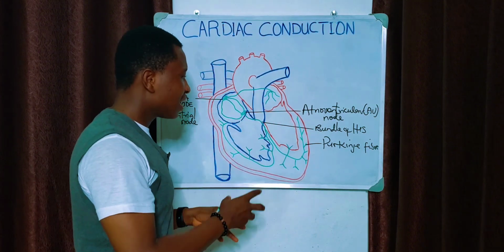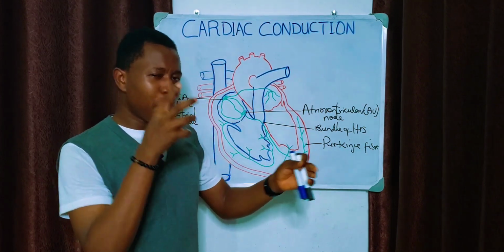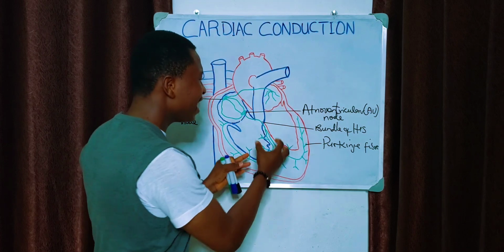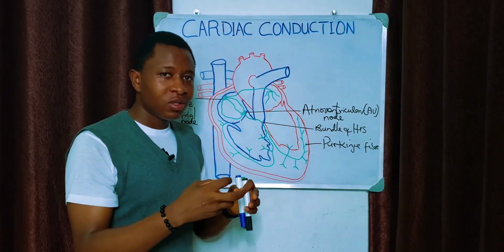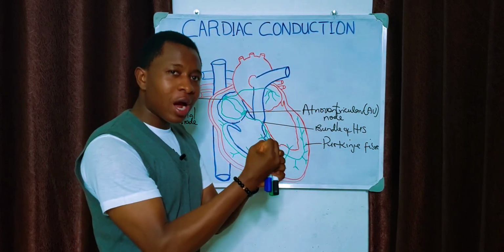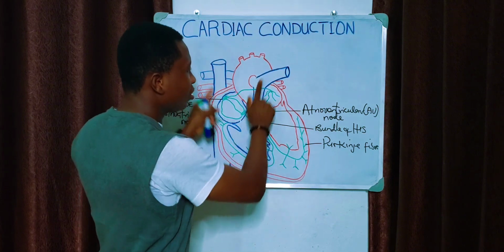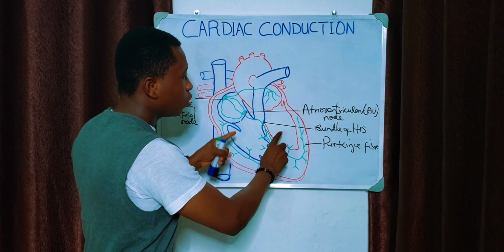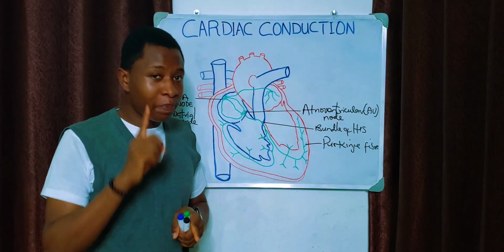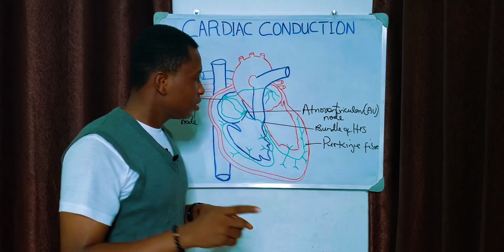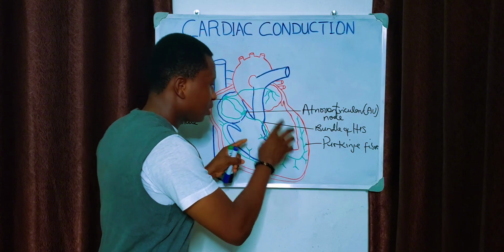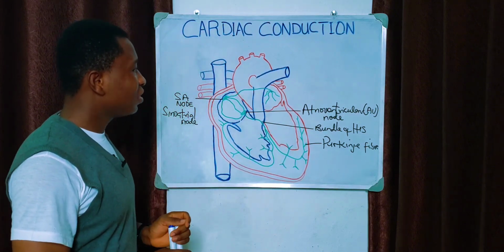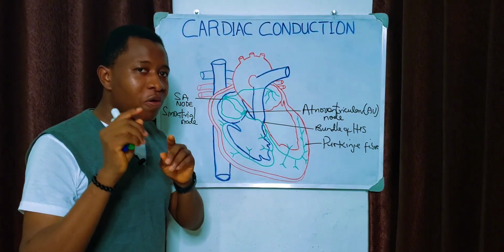Now it is the ventricle that makes sure that this blood is pumped, so it needs a lot of charge to contract so that the blood will leave to the lungs, and the one from the left ventricle will leave to other parts of the body. So that is what happens here. This is just an overview of the electrical impulse of the heart.